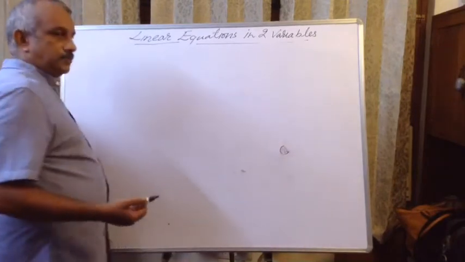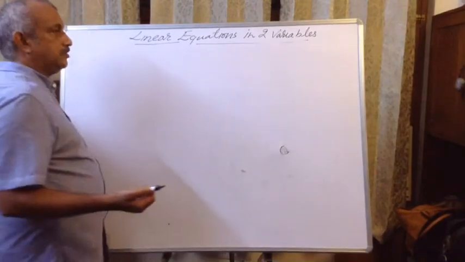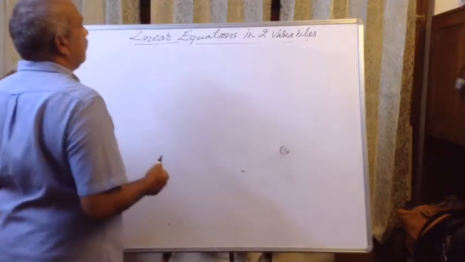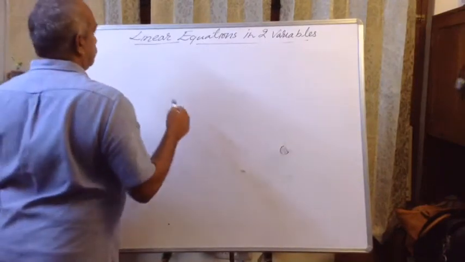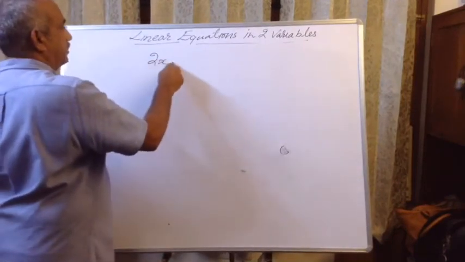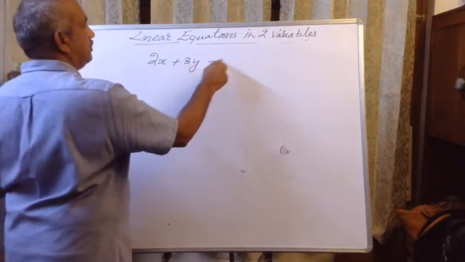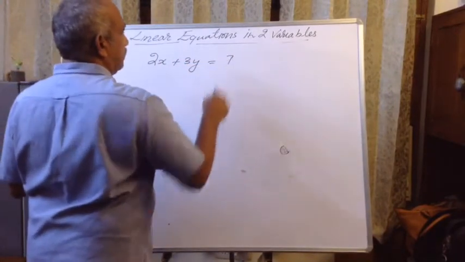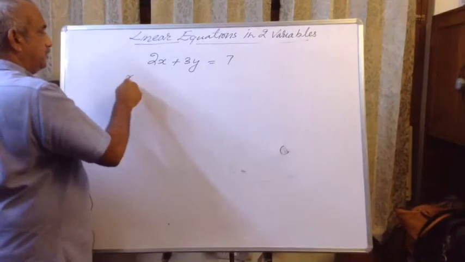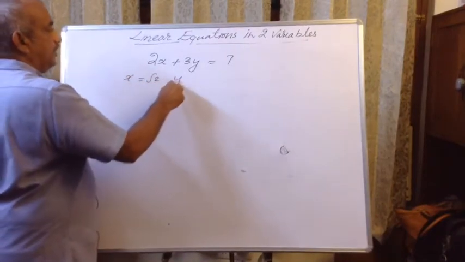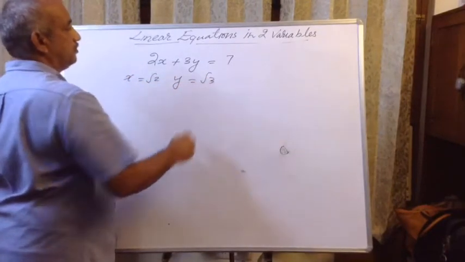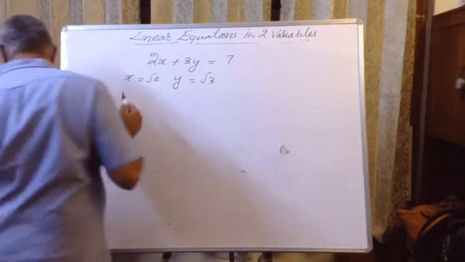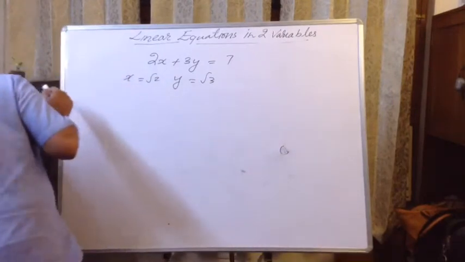So you have to just substitute and check whether it is a solution or not. Say 2x plus 3y is equal to 7. Check whether x is equal to root 2 and y is equal to root 3 is a solution of the equation.